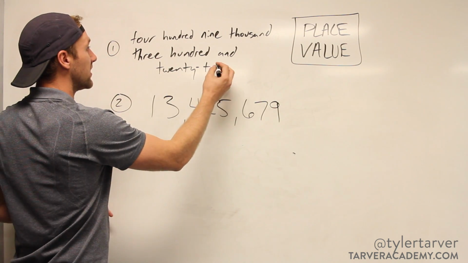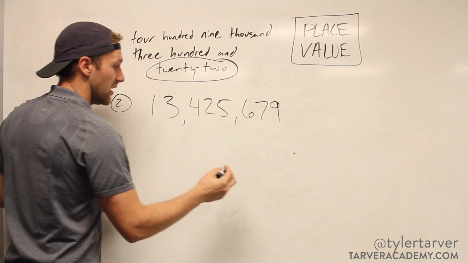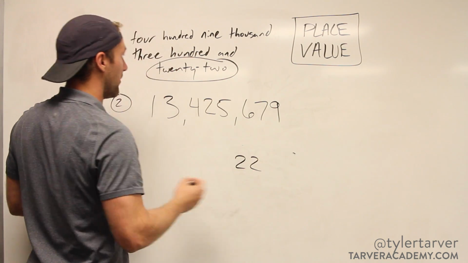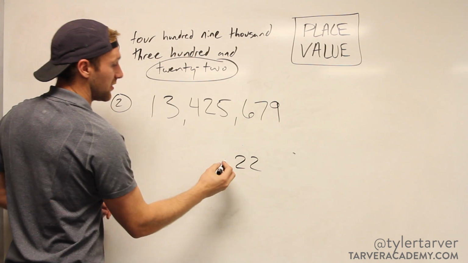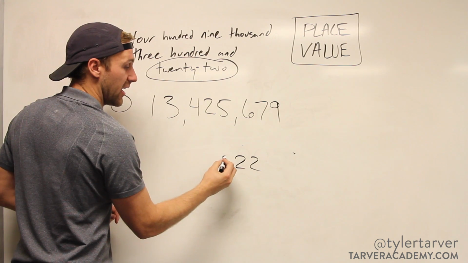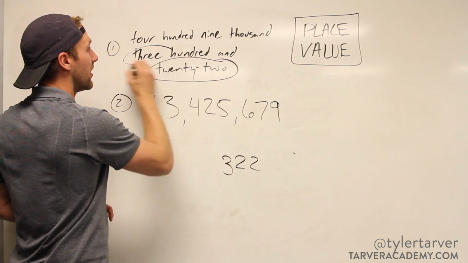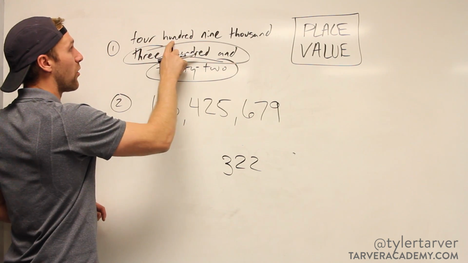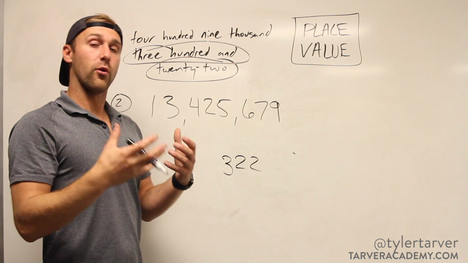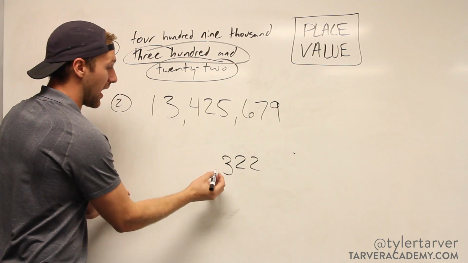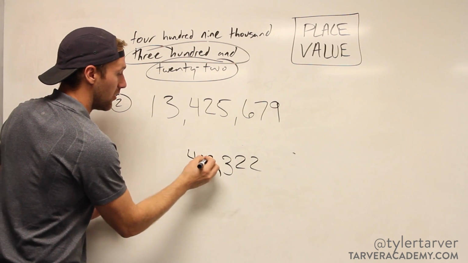Our last one we know is 22, correct? So if I put 22, I know that's there. That's 322, so in the 100 spot, I'm putting a 3. And then 409,000. I would write 409, and I know that goes in my thousands location.